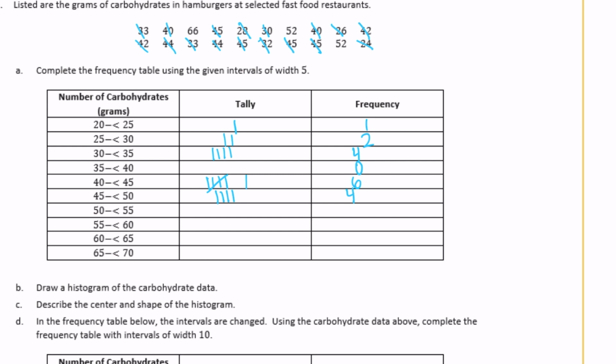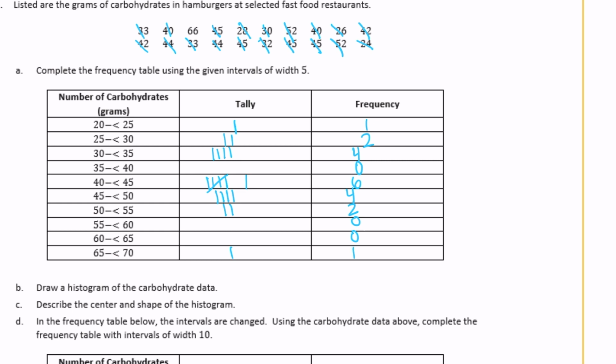Let's see, 50 to 54, I see 2. 55 to 60, I don't see any. All we have left is 66. So that's going to be 0, 0, and then there's 1.